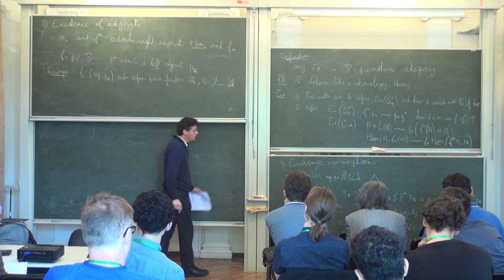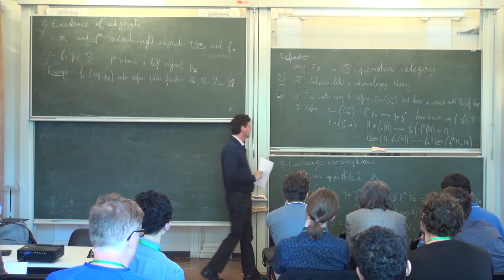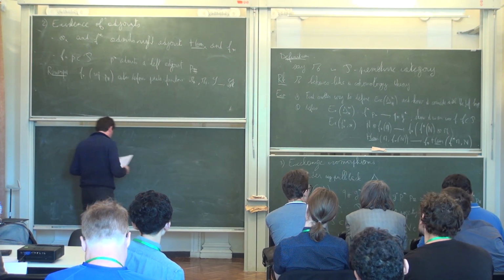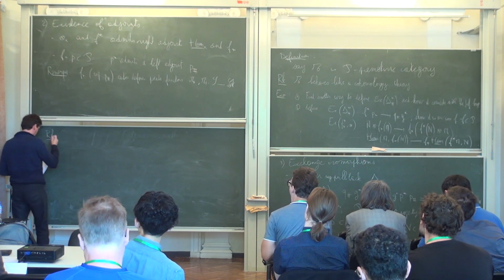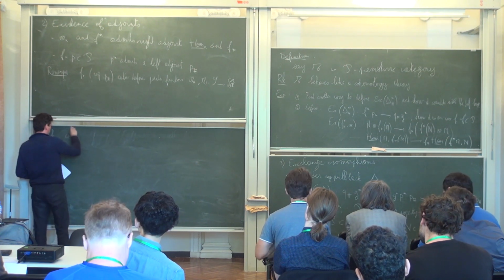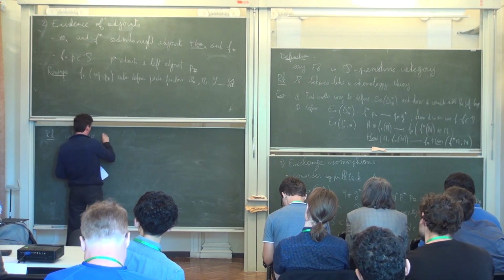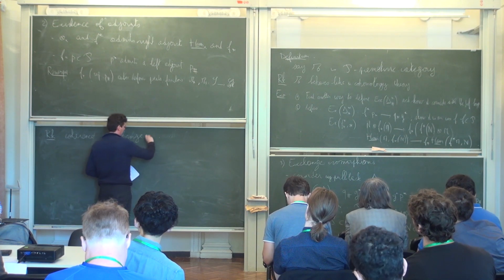In this setting of P-premotivic categories, there is the same thing for the exchange transformations, but at this time it's just a principle. So the remark is that there is a kind of meta-coherence of exchange morphisms.